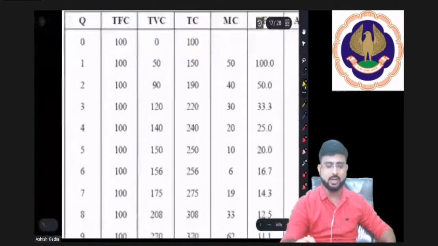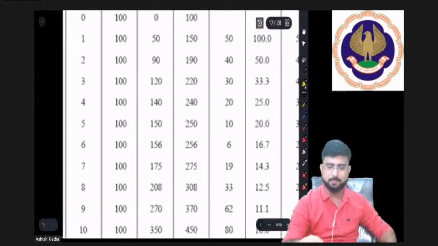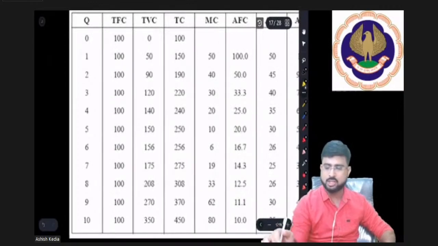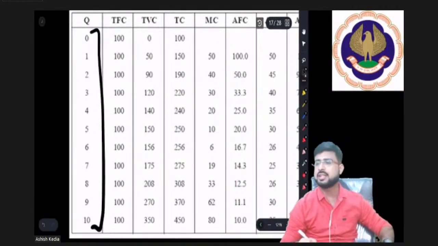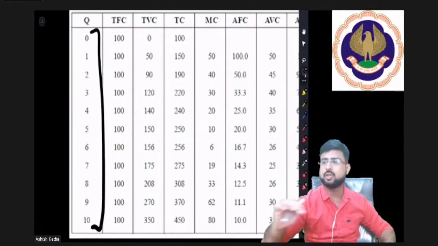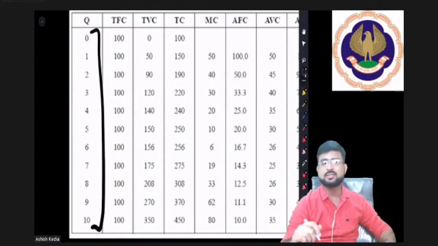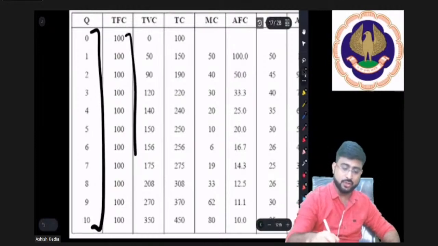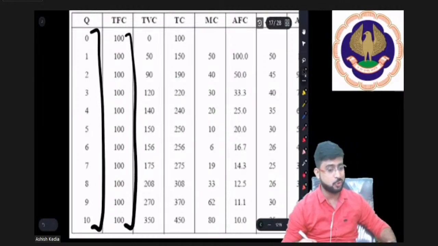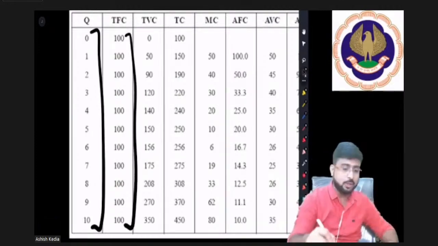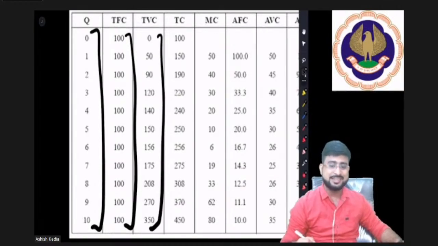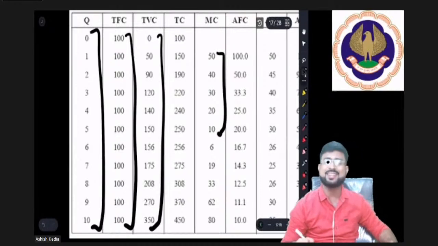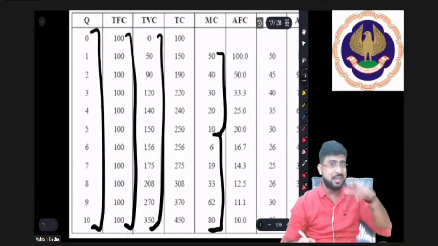That's absolutely correct. Now you see this example table that I have showcased for you. From 0 to 10 it's constantly rising. Total fixed cost is the same because it remains the same no matter what. Total variable cost, you will see, initially increases at a diminishing rate, then increases at an increasing rate.